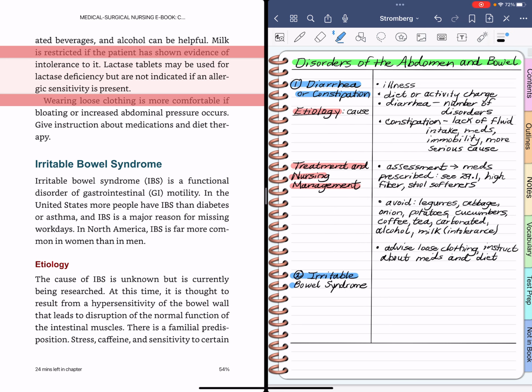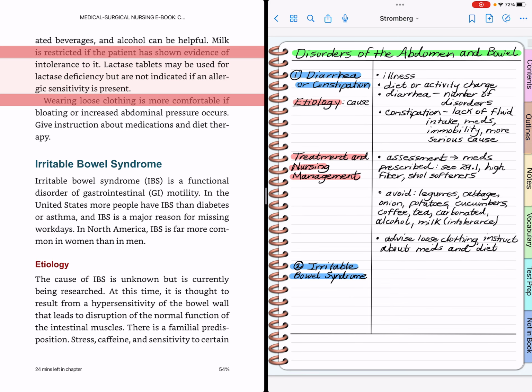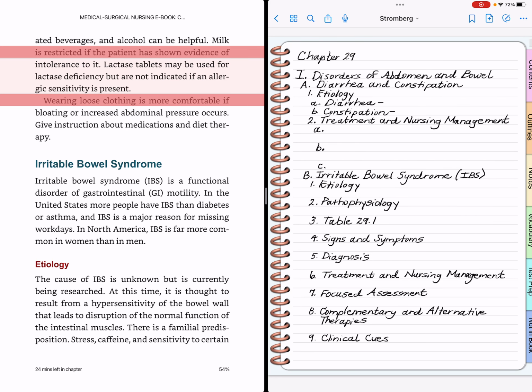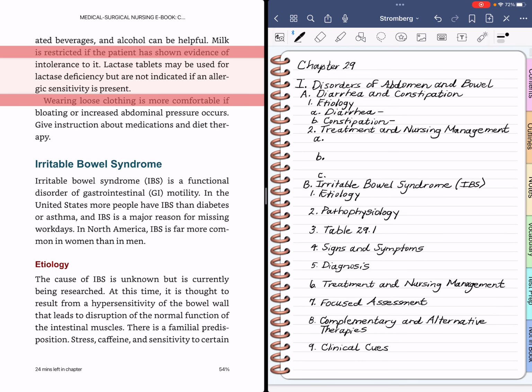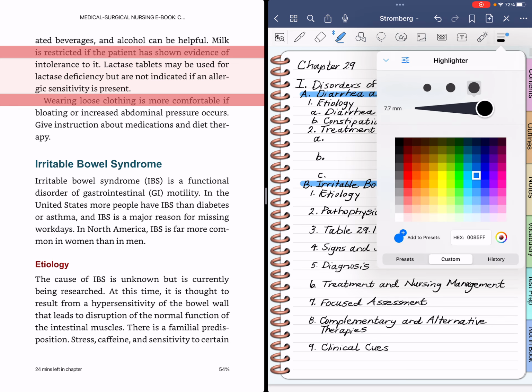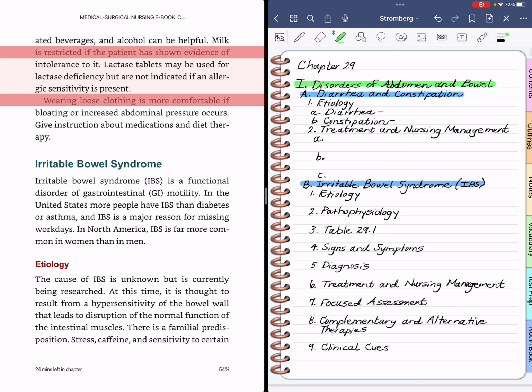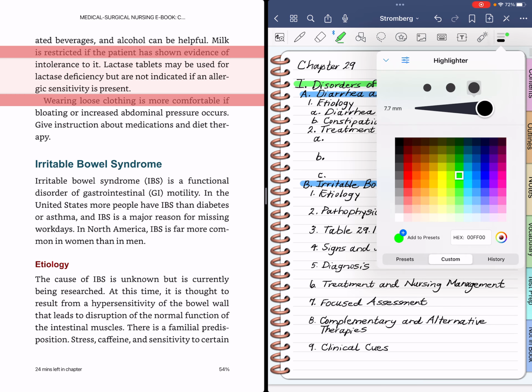So irritable bowel syndrome is the next disorder. And you see how these colors are helping me. These colors correspond to this outline. Let me go back to this one. This would be the green section. Let me get blue while I have it. There's diarrhea and constipation, irritable bowel syndrome, and then, of course, we had the green, disorders of the abdomen and bowel, and then we have the red areas.